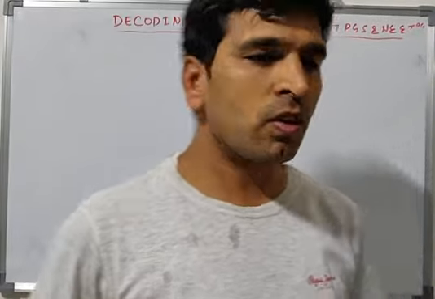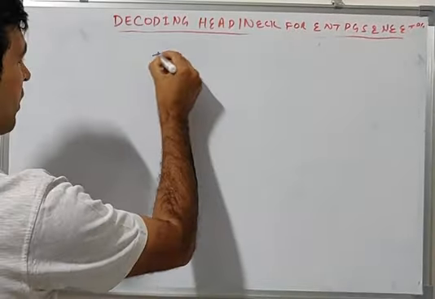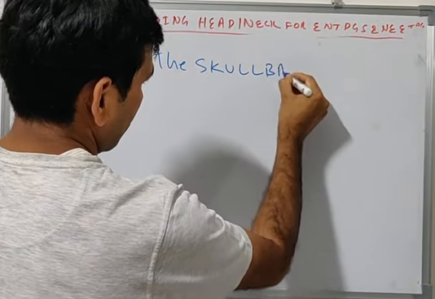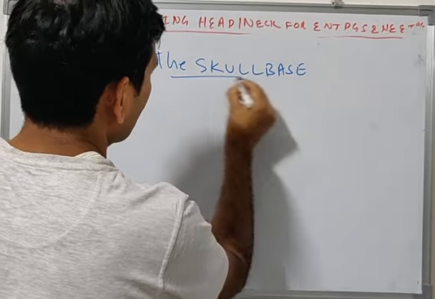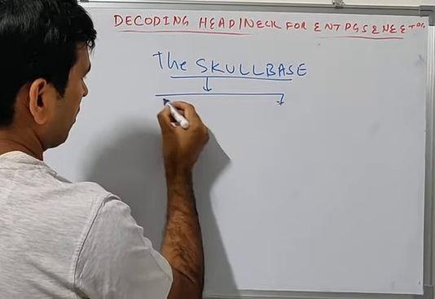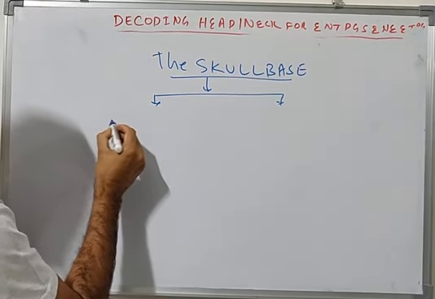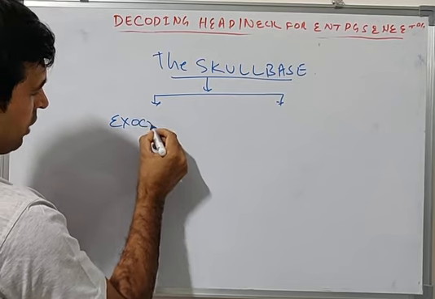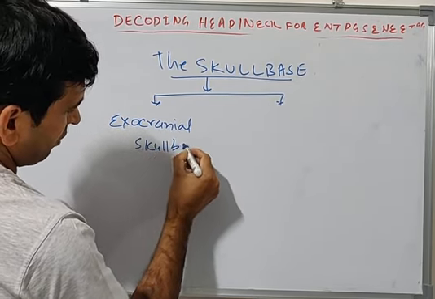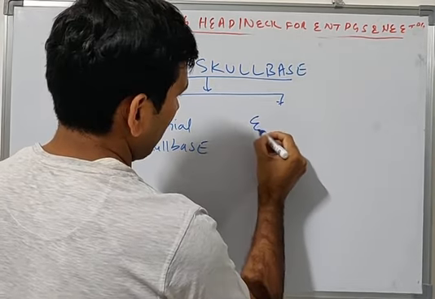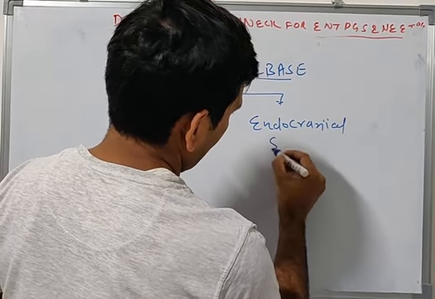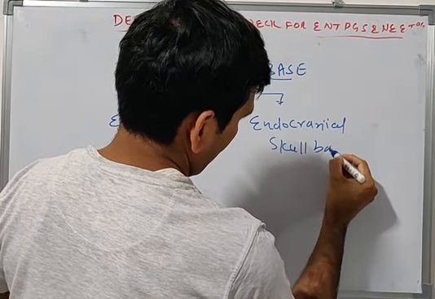Now today we will talk about skull base. The skull base has two parts: exocranial skull base and endocranial skull base.